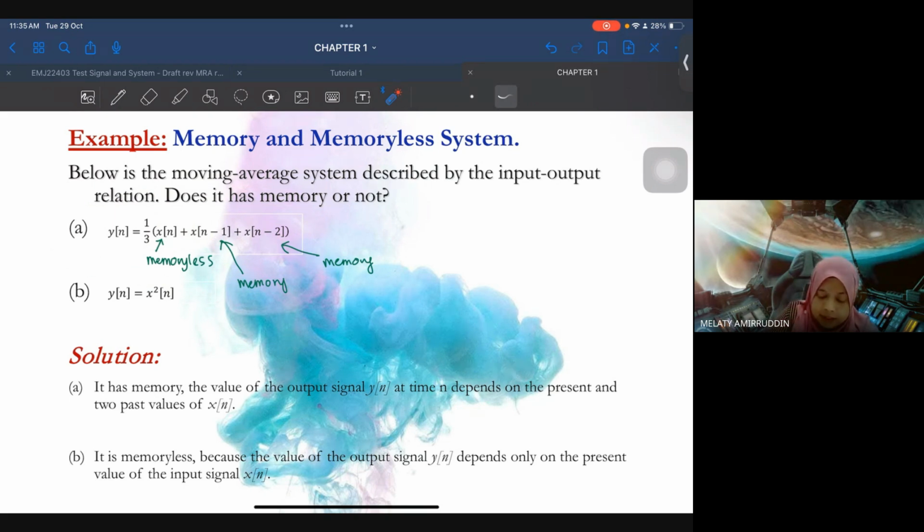Okay, but we must consider, if we have a system like this, we must consider the memory signal.